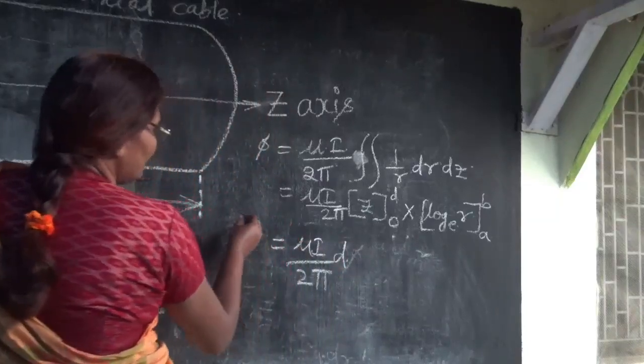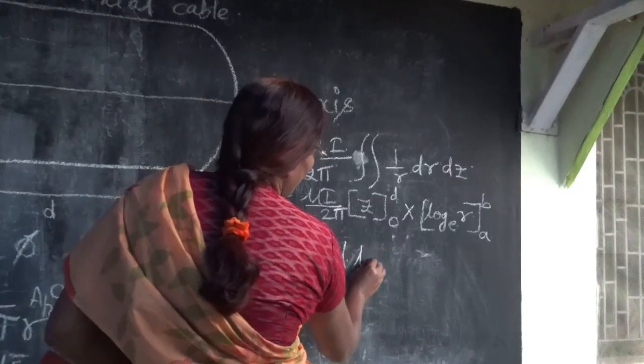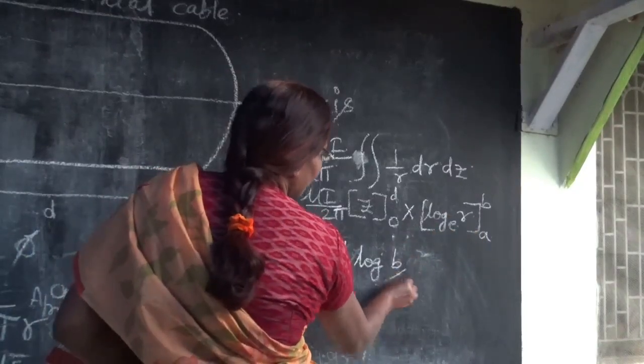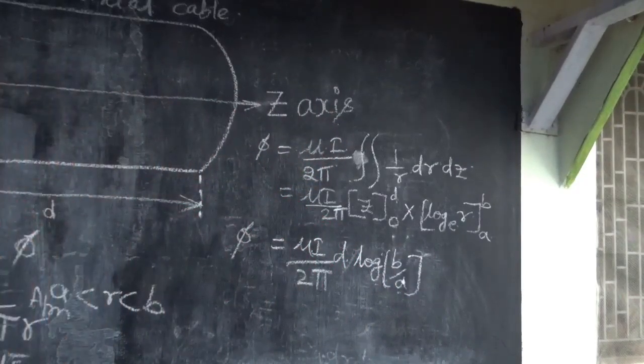So what is this? mu I d by 2π into log b minus log a, that is log b by a. ఇది నీ టోటల్ ఫ్లక్స్ లింకేజ్.